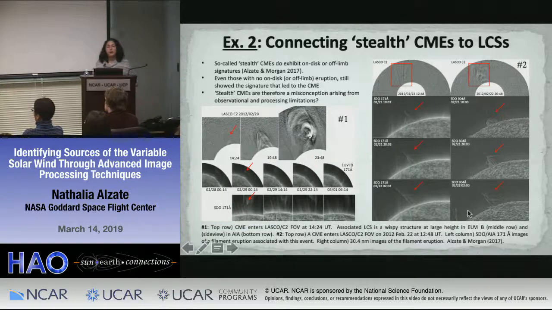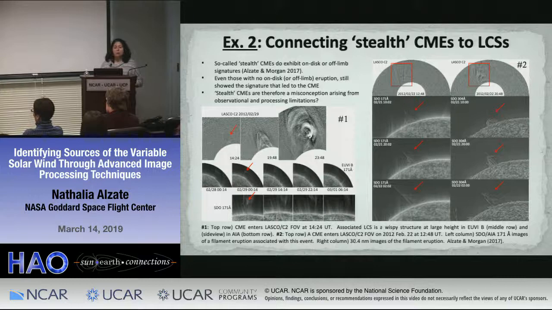So what I did in my study is I revisited these 40 events, applying new state-of-the-art image processing techniques, which I will get to. Basically, we found that for each of these 40 events, we did see some form of signature in the general region that could be the source region, that could potentially be creating the CME, okay?